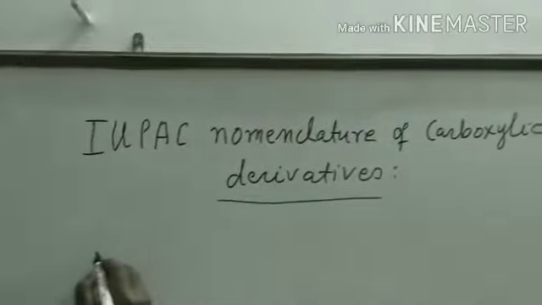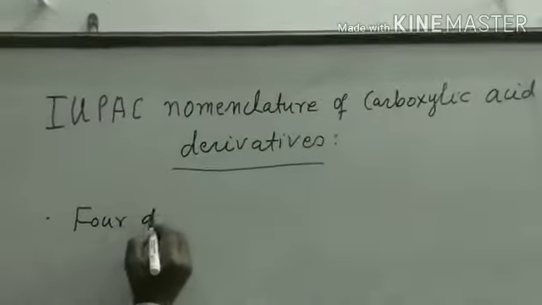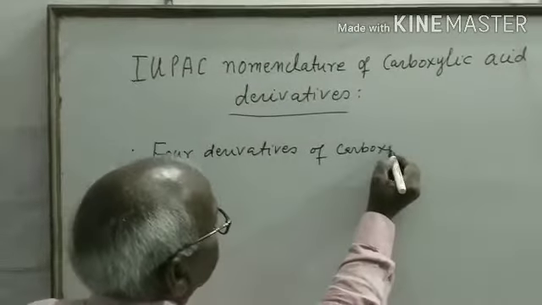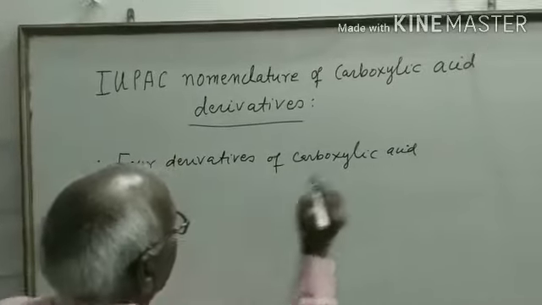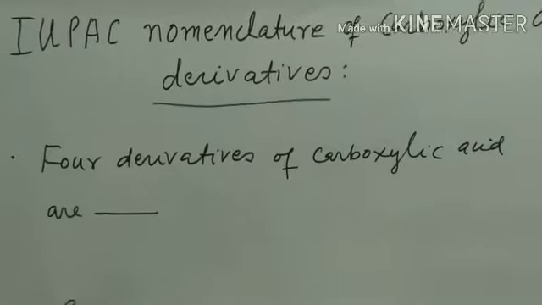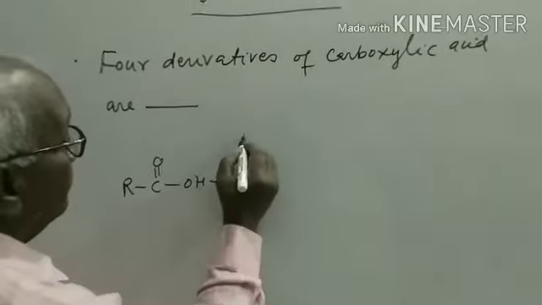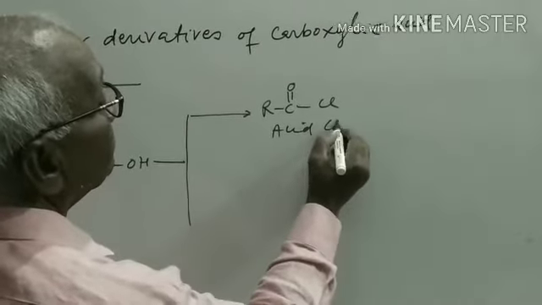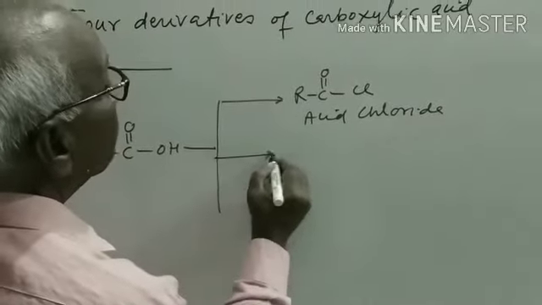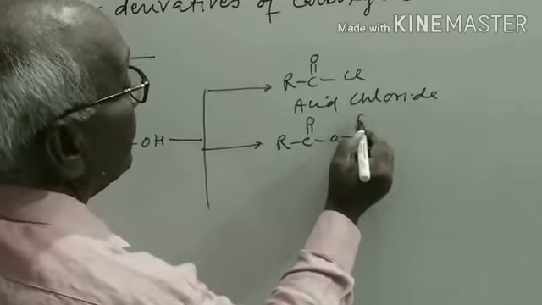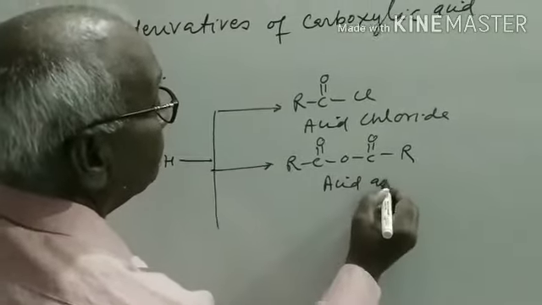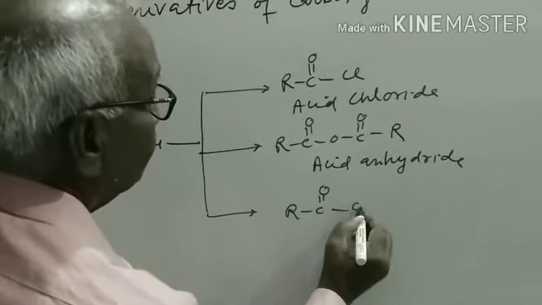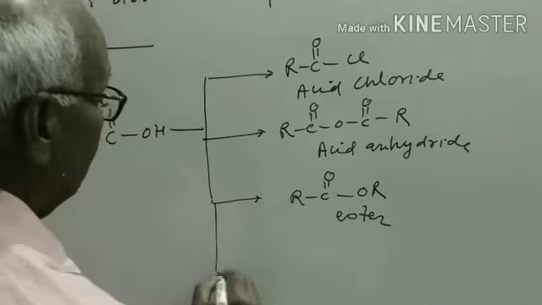So, four derivatives of carboxylic acids are: this is carboxylic acid, this is RCOCl, acid chloride, the other is acid anhydride, this is ester, and lastly amide.